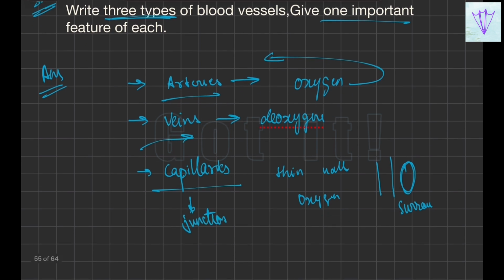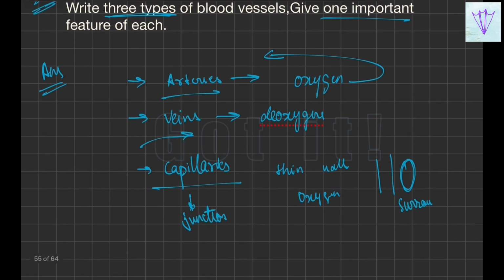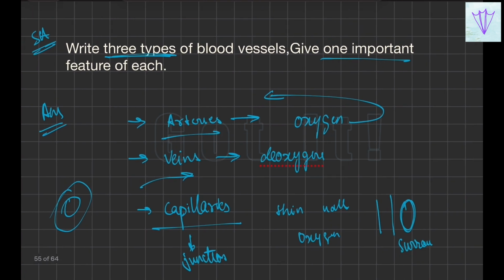You can write one point, whichever you feel like writing, about the valves, or which is broader, which is thinner, which has more pressure, which has less pressure compared to what. Any one of the points you can write for each blood vessel. Basically you have to name the three, which are arteries, veins and capillaries, which is important for you in order to get your marks, and whichever point you want to write you can mention in this answer.